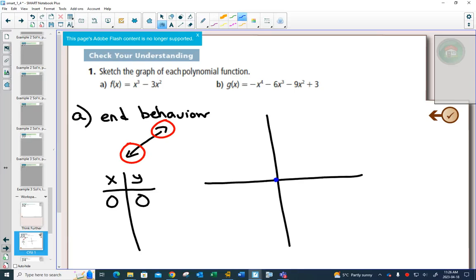1 point. Do I know what the graph looks like yet? No. So I should find another point. So you plug in 1. 1 minus 3, negative 2. And then plug in another point, 2, and this will be 8 minus 12, negative 4.